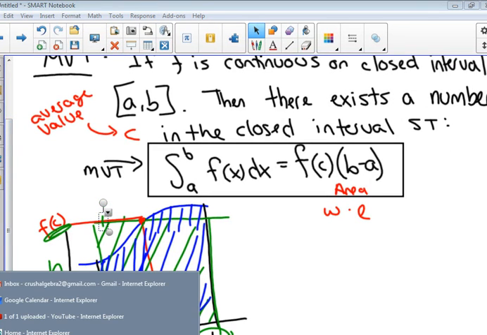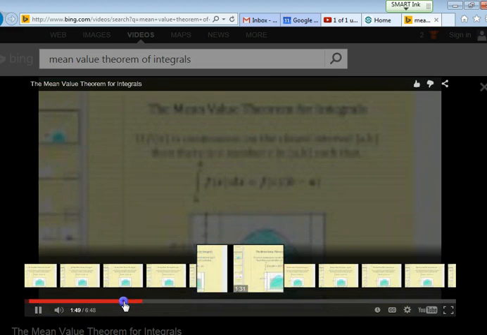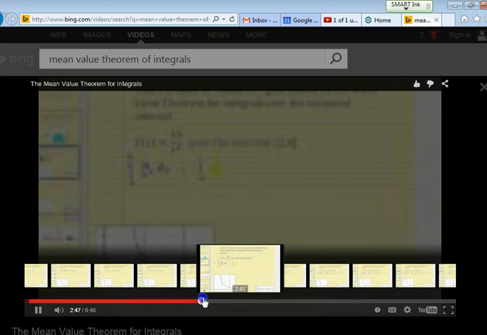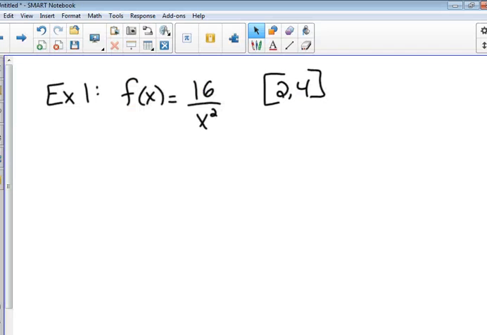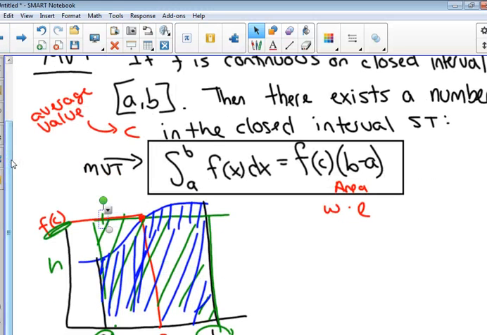I'll use the example that they did in here. I thought the example was pretty good. It actually does make sense. So I will give you your mean value theorem formula, what this actually is, so it helps you as we go through.